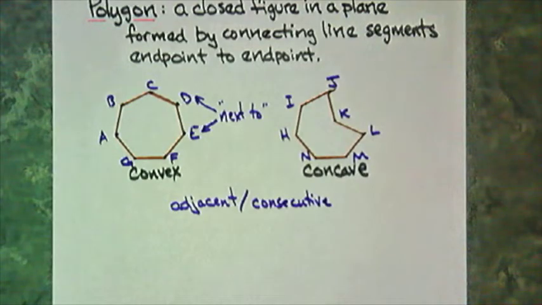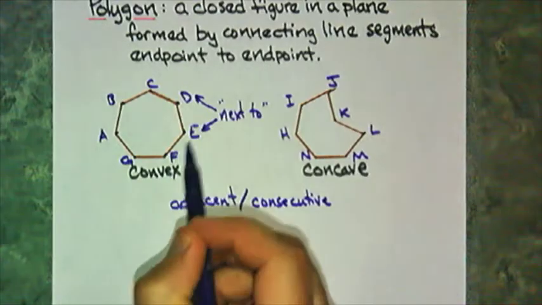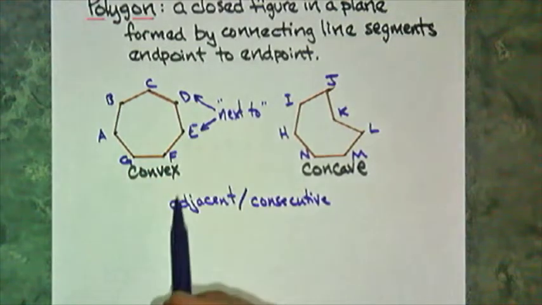You have someone sitting adjacent to you in my class. It's hard to say that you have one sitting consecutive to you. Consecutive is like from last year, we have consecutive numbers and we have consecutive values in a sequence. So these are consecutive. If I'm naming these, the ones that are consecutive are the ones that are adjacent. Okay?